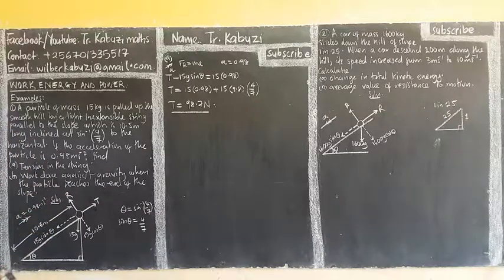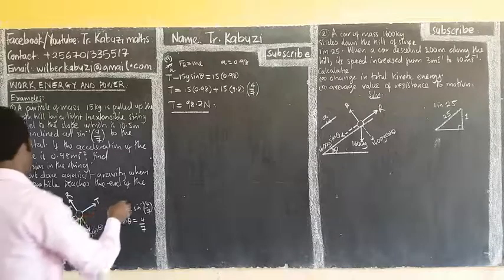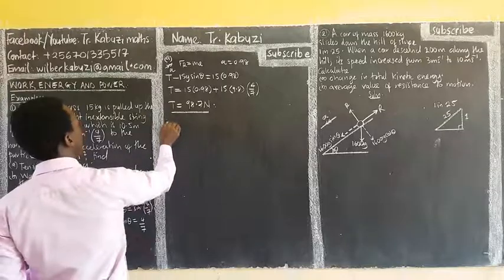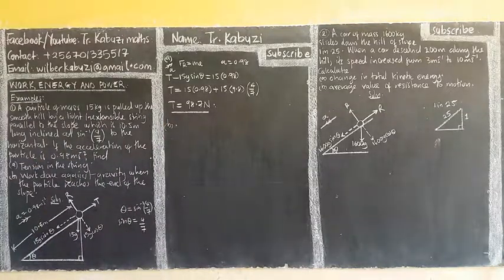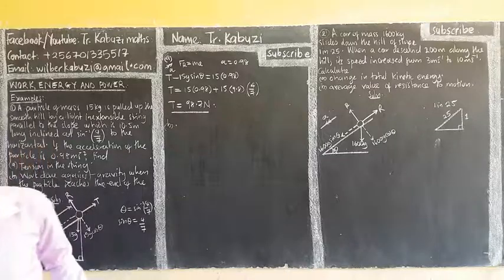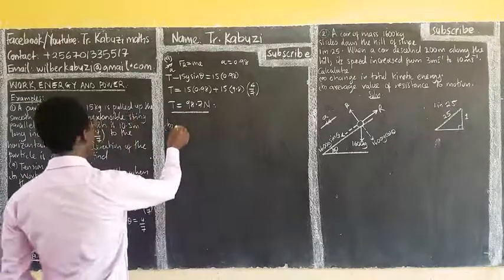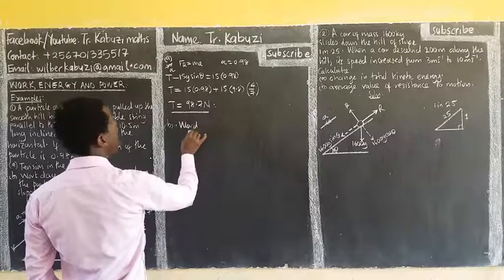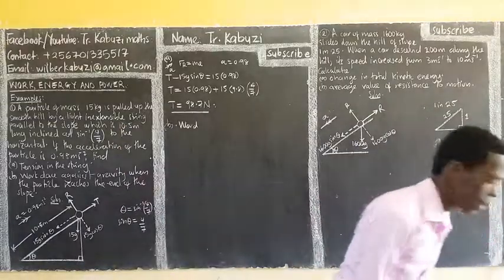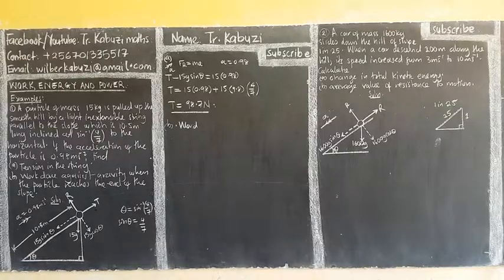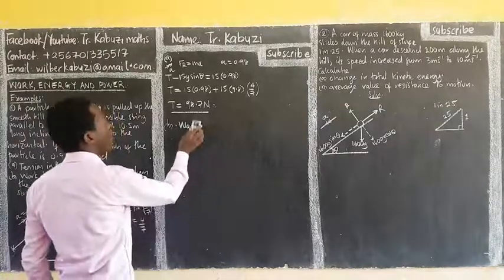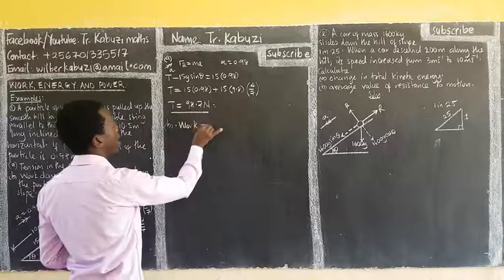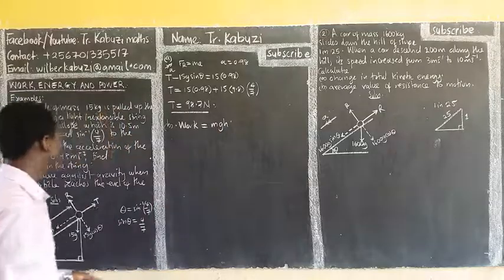So from there, then work done against gravity. Know that always our work done against gravity is given by mgh, in our part B. In simple terms, we need this height.